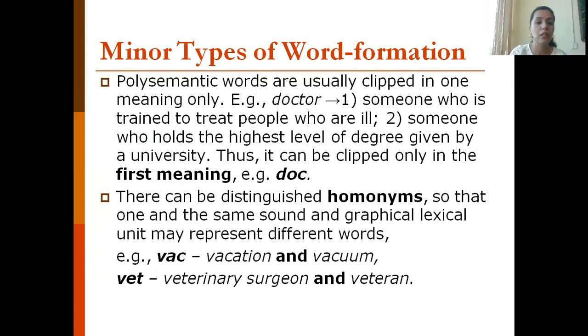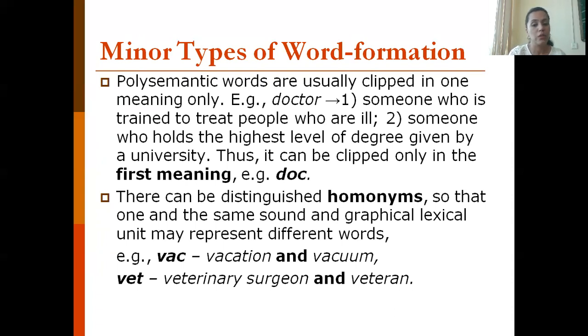Polysemantic words are usually clipped in one meaning only. Doctor: someone who is trained to treat people who are ill, or someone who holds the highest level of degree given by a university. Thus, it can be clipped only in the first meaning, doc.